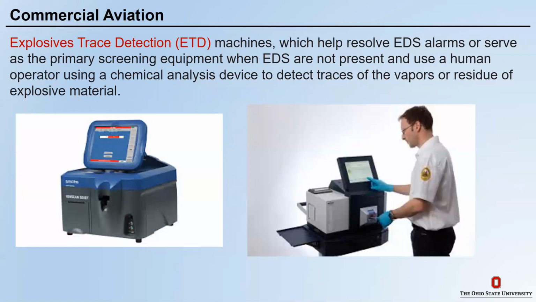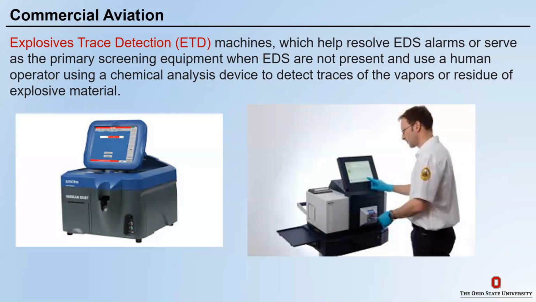So here is ETD. ETD, like I said, is the second type of detector for explosives. It's called explosive trace detection, which helps resolve EDS alarms or serves as a primary screening equipment when EDS systems are not available at some airports.